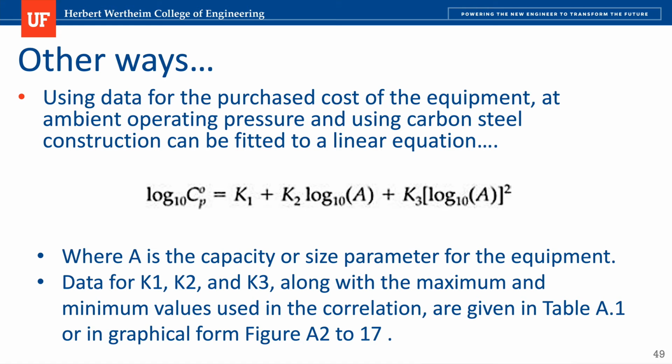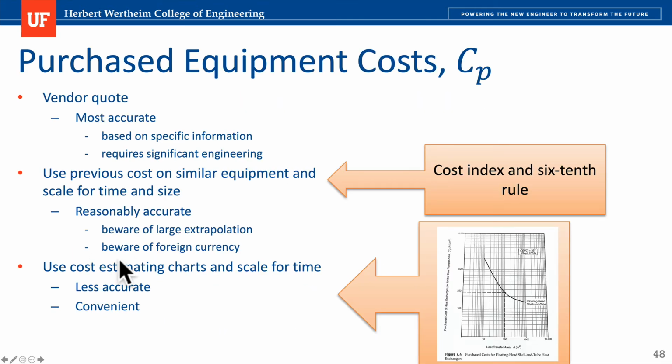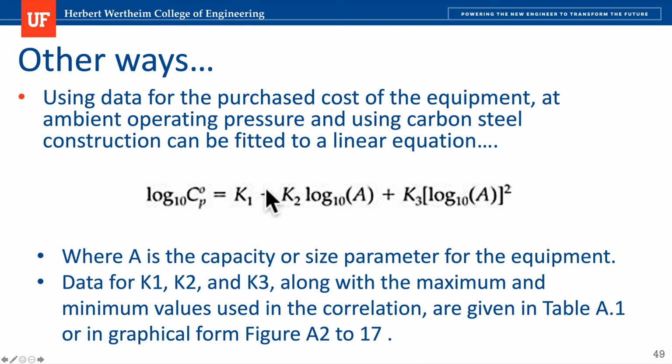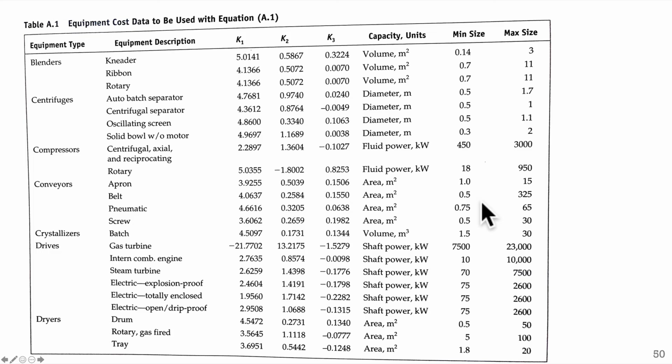If you don't have any other information, like prices from other equipment or prices for similar equipment at a different time, this is the best way to go because it's simpler. But if you are lacking all of that, then you can use these equations to calculate C_p. Notice that this equation calculates the purchase cost of an equipment based on the attribute. A is not necessarily area, it is the attribute.